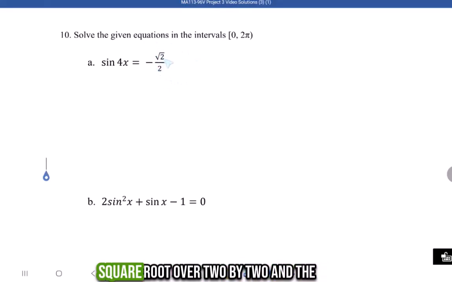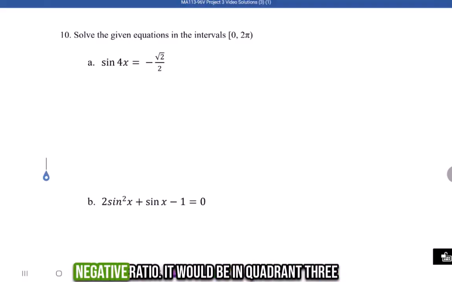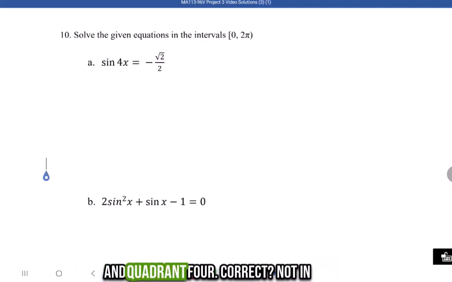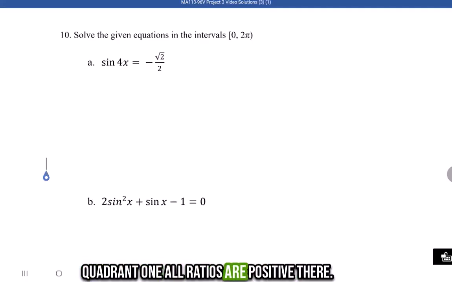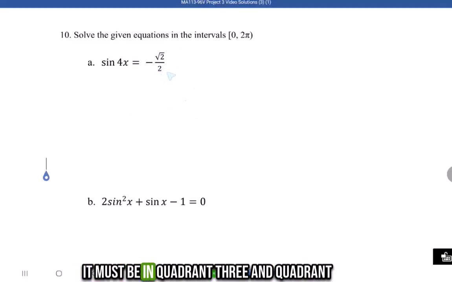It's negative square root of 2 by 2, and the trigonometric function is sine. We have to think in which quadrants sine would have a negative ratio. It would be in quadrant 3 and quadrant 4, correct? Not in quadrant 1. All ratios are positive there. In quadrant 2, sine has a positive ratio, so it must be in quadrant 3 and quadrant 4.